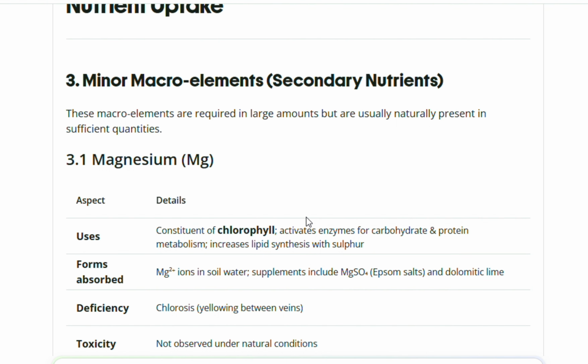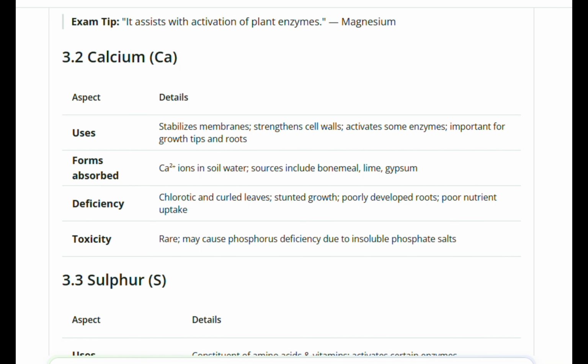Then we have calcium. It assists with activation of plant enzymes. That is magnesium. 3.2, we have calcium. It stabilizes membrane structure and makes cell walls rigid. It is required for activation of some enzymes.